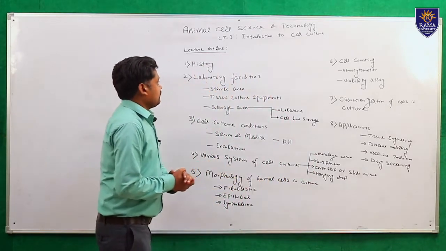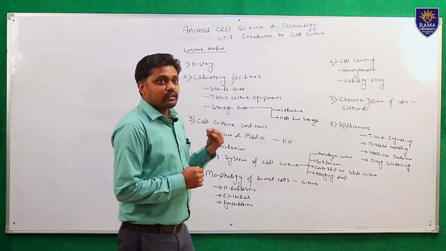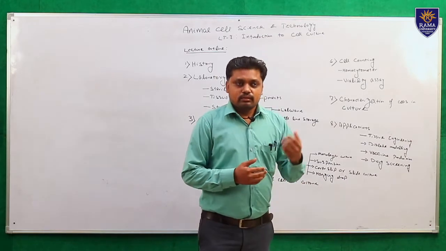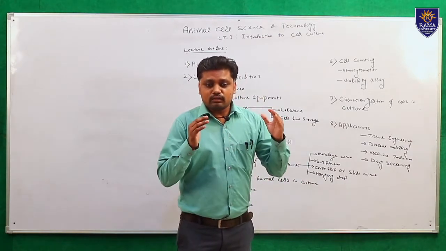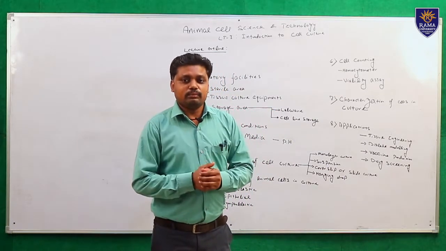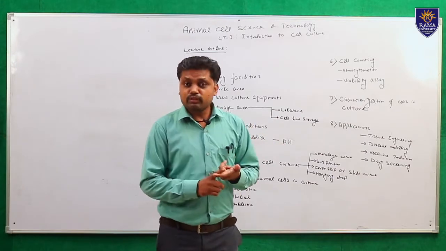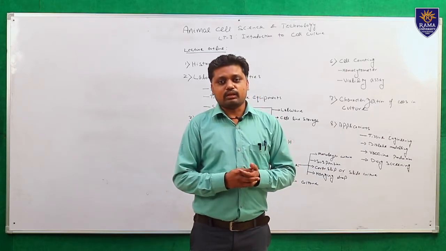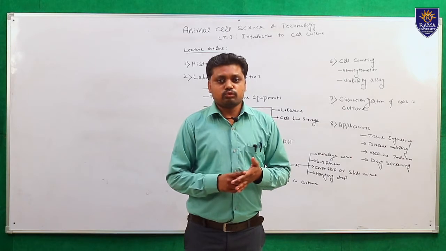Let us see further about the laboratory facilities that are required nowadays for growing animal cells in lab conditions. For a small educational laboratory, we need only 5 to 6 basic pieces of equipment. First one is the CO2 incubator. As we know, animal cells require CO2 for their growth, so we need a CO2 incubator.